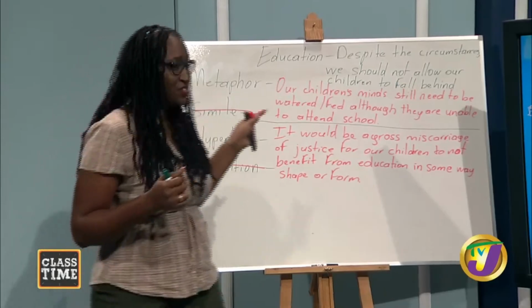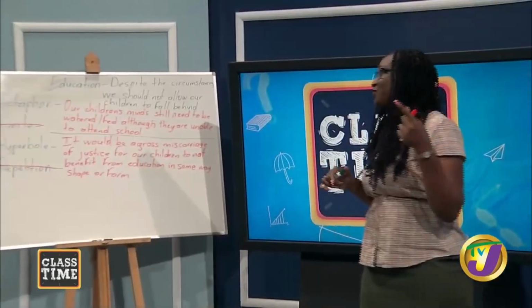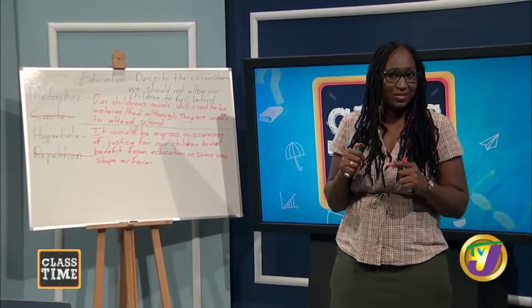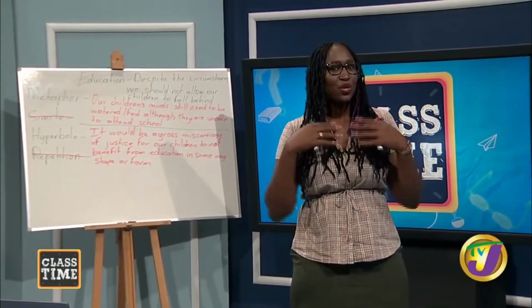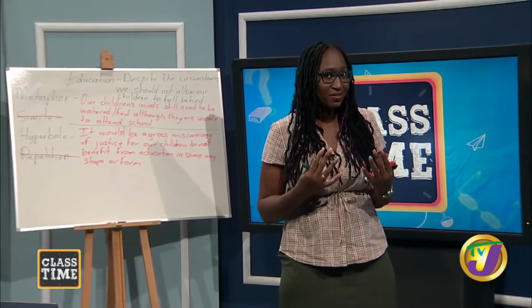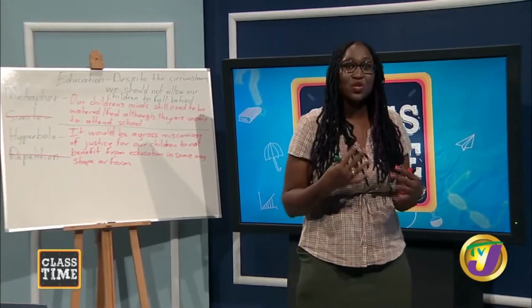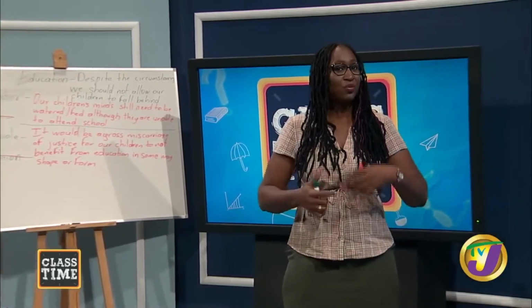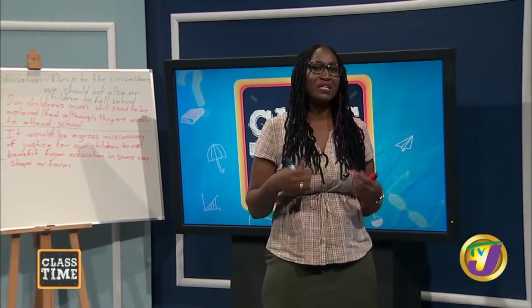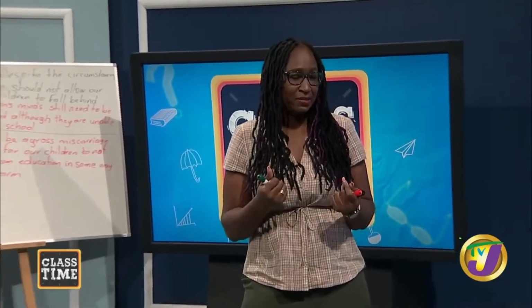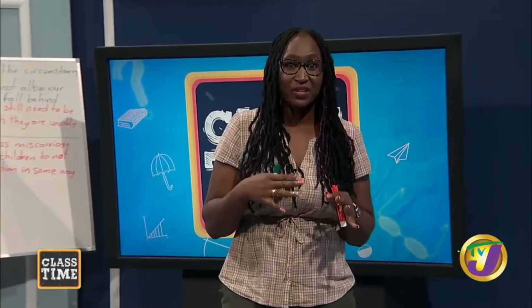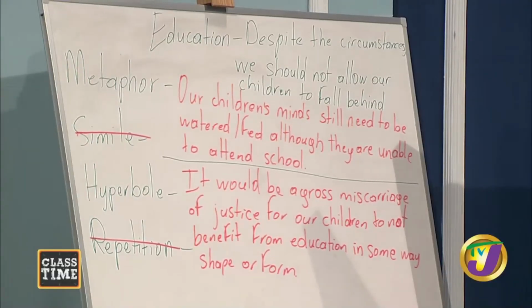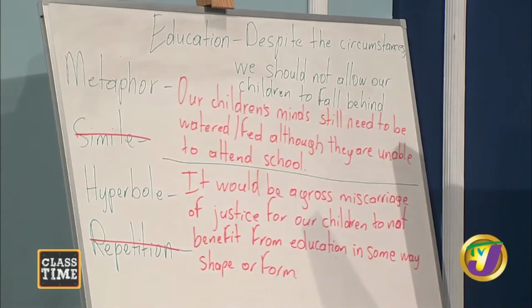And we have used a metaphor to show the same thing. We have used hyperbole to show the same idea. So what you should understand is that when you are using the various techniques, they work together. So you can think of more than one way to say it and then choose the one you prefer, the one you think has the most impact, the one you believe has the most bite. So when you're writing persuasively, your aim, again, is to persuade. Your aim is to ensure that all is well.